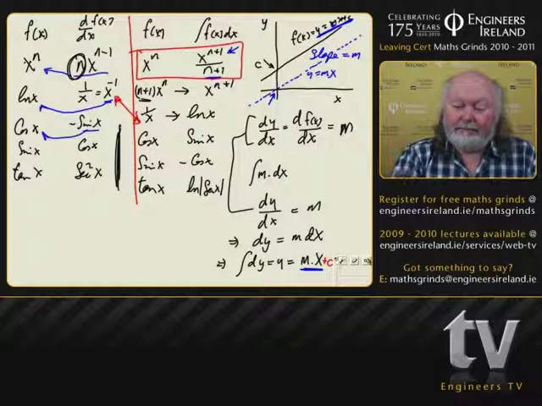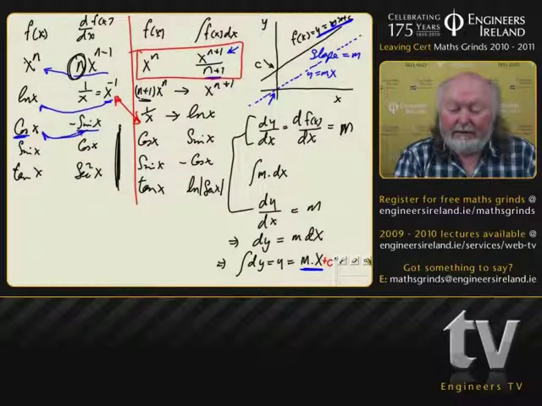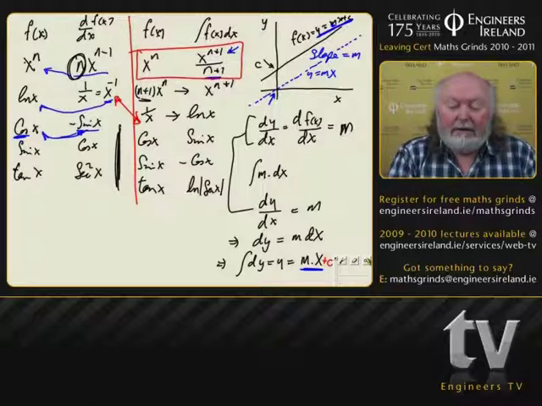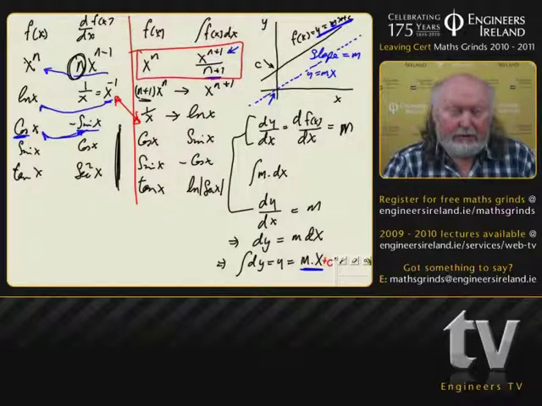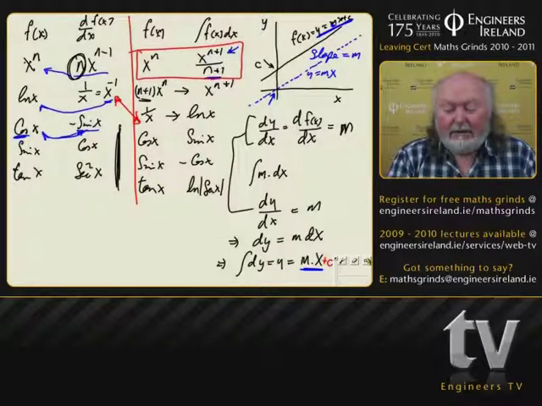Okay. Differentiate cos, you get minus sine. If I was to multiply across both of those by minus 1, I'd be saying differentiate minus cos will give you sine. So therefore, if I integrated sine, I expect to get minus cos.